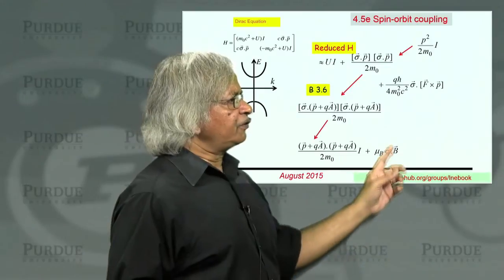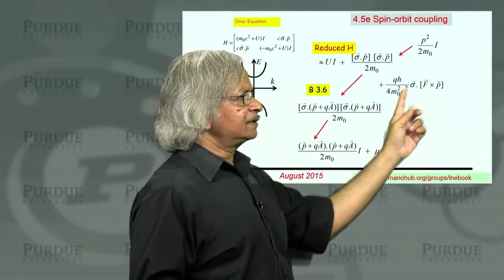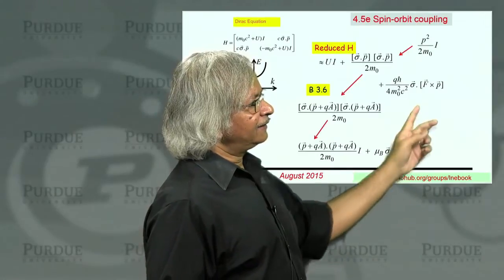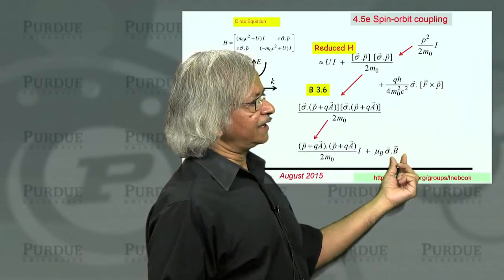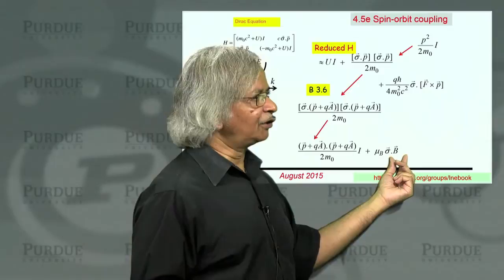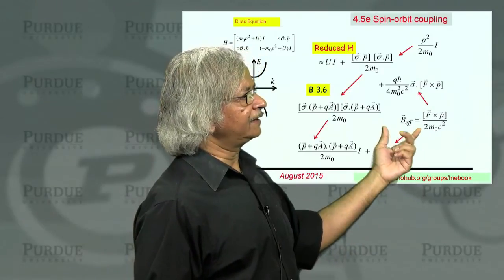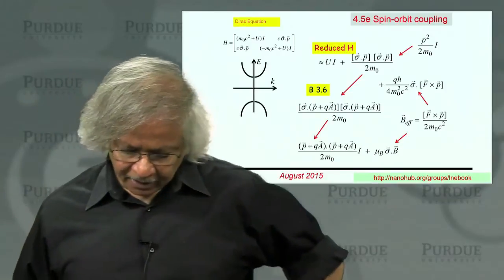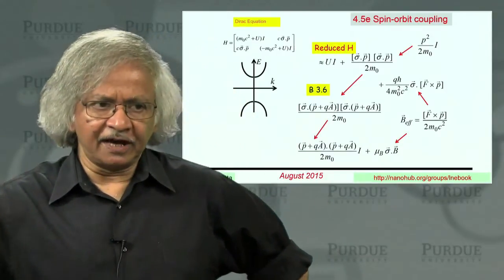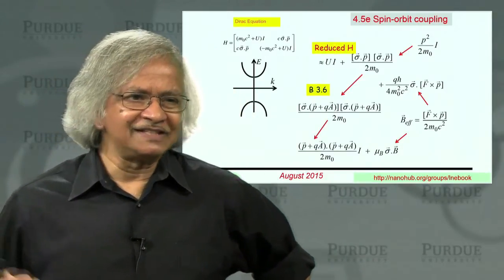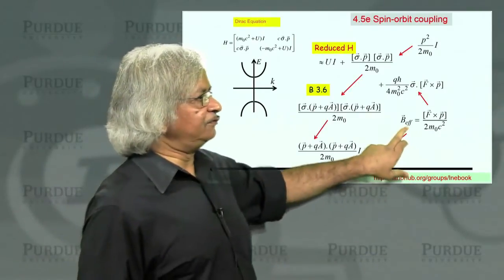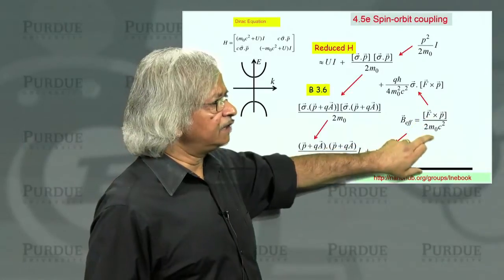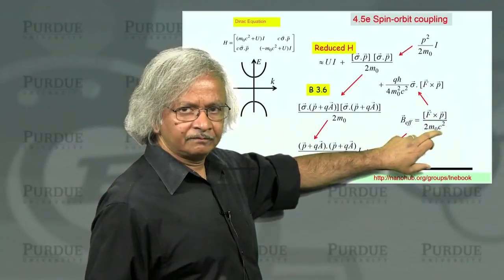Now, if you compare this with this, it gives you a little bit of insight, in the sense that you could say, well, this F cross p is almost like an effective B field. So often people say that the spin orbit term arises because an electron moving very fast in an electric field kind of sees an effective B field, which is F cross p, F is the electric field, divided by 2mc squared.